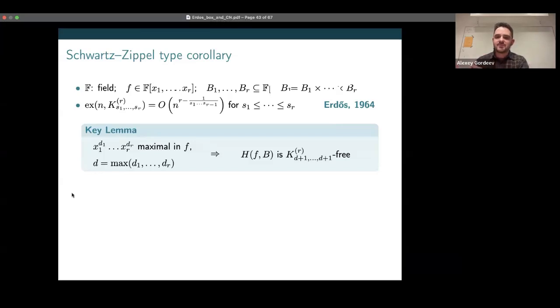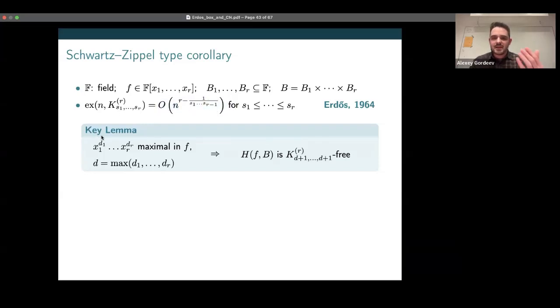One way would be the construction, which I'm about to show, but first I want to talk about the other direction. So let's recall that we have this upper bound by Erdős, that any hypergraph free of a complete r-partite graph does not have too many edges.